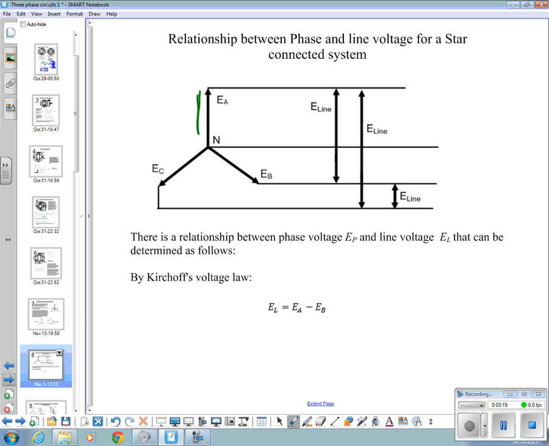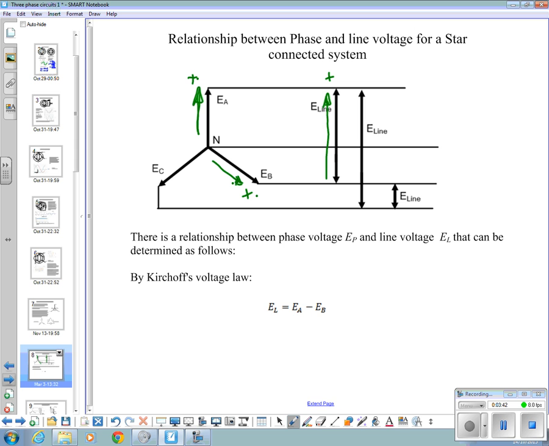That voltage is positive at that end. This voltage positive at that end. We could arbitrarily, if we look at this version of E-line, say at any particular point that's positive up there.